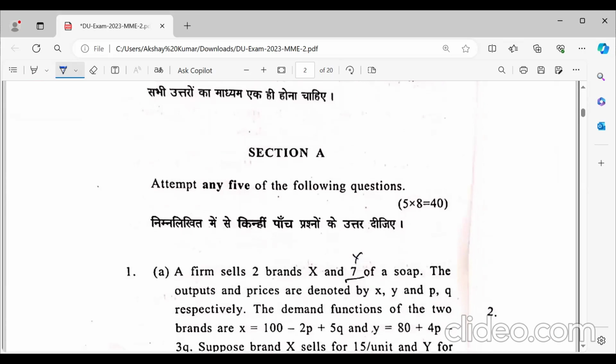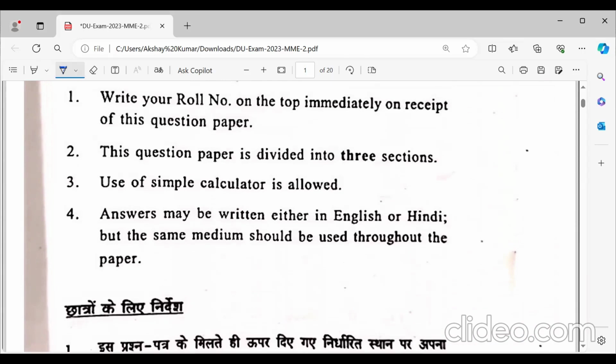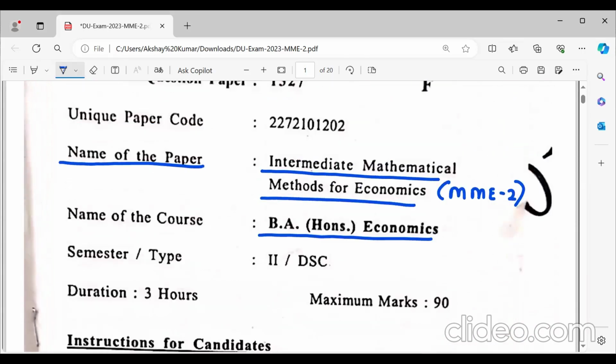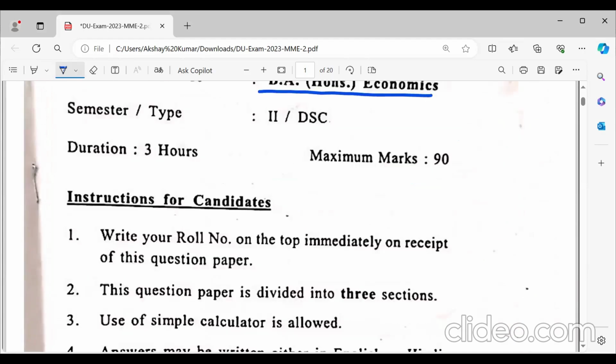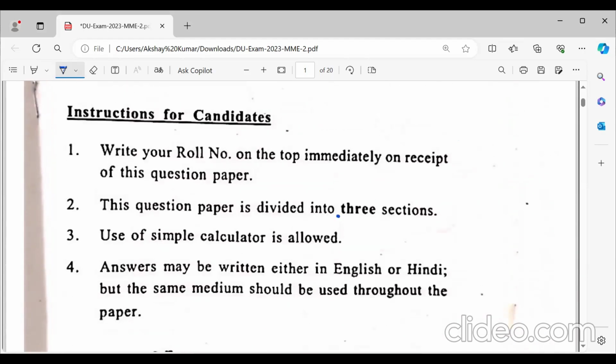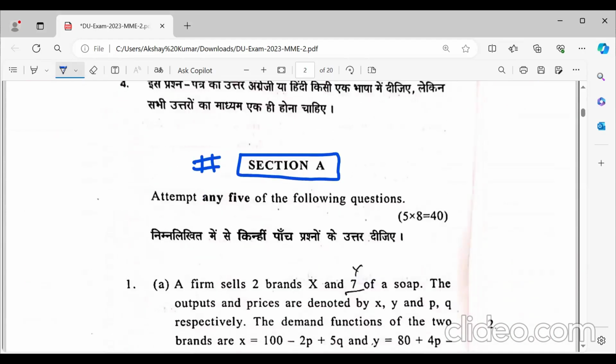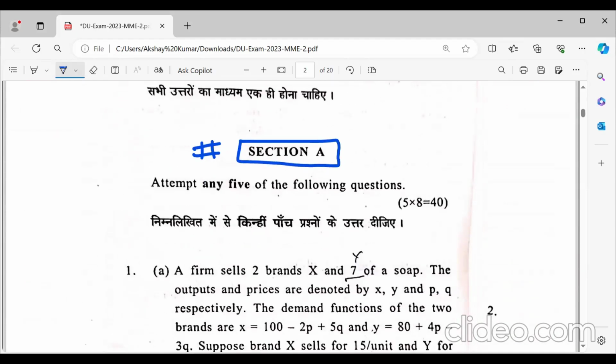Students can look at section A. If I quickly give a brief to all students, you can clearly see that the paper is divided into three sections: section A, section B, and section C. In today's lecture, I'm solving some problems from section A. In section A, we have a choice.